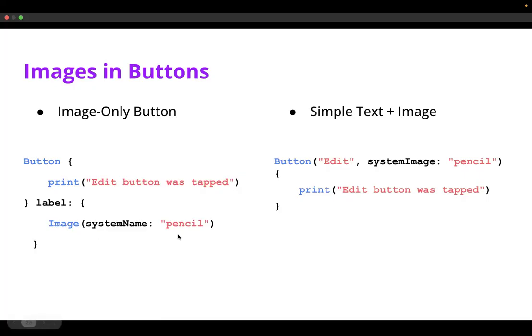And we're setting our button to look like an image, which is this pencil icon. And then also if we want to include some text and an image, we can define the button to look like an image here in the introduction. And then also in our closure, just add the action that we want it to take, which is to print "edit button was tapped."